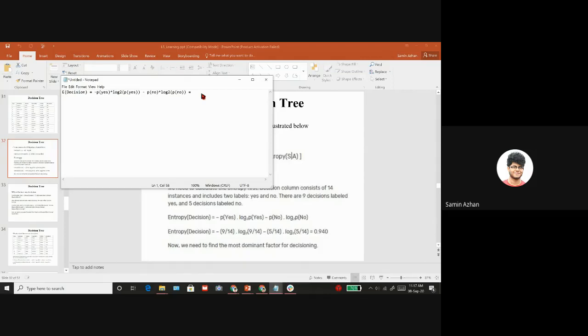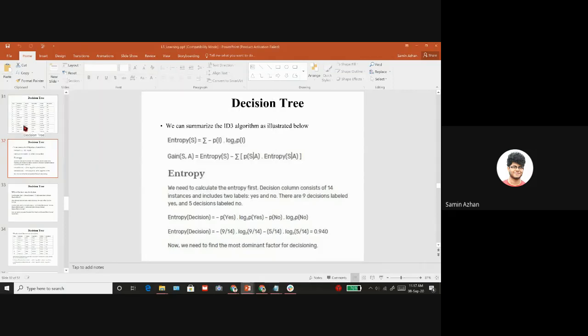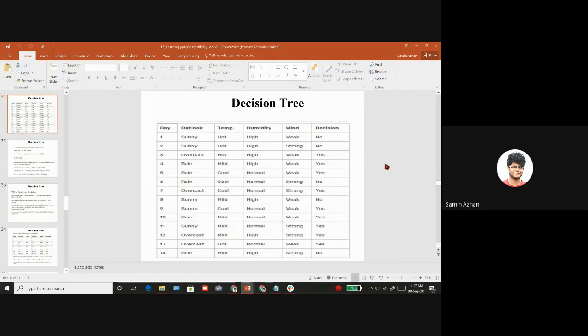In this case, if we go back to the table, we see that we have to calculate how many yeses there are and how many no's there are. So let's count the no's in row 1, row 2, so 1, 2, 3, 4, 5. There are 5 no's, and since there are 14 data points, 14 minus 5 is 9 yeses.